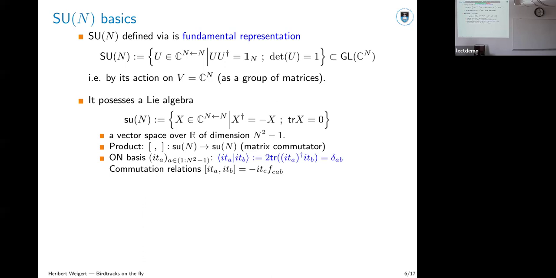These guys are usually referred to as the generators, and they carry a label, right? A labels the various matrix elements, and then I can capture the behavior of any element by having a look at how these basis elements fare.